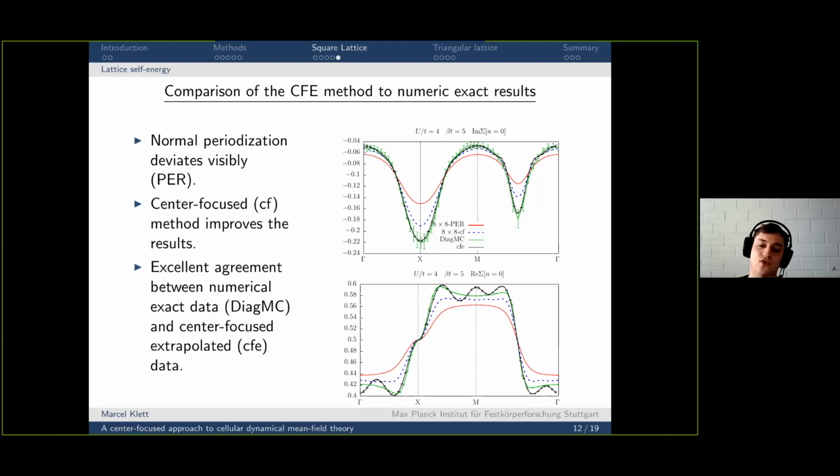And if we focus on the center only and also do an extrapolation in cluster size before this, we end up within the error bars, which is represented here with this black line labeled as CFE. With this result, we see that our new periodization method lies within the error bars of the numerically exact calculations. I think it's a nice way to end the discussion about the square lattice. And I want to take the last few minutes to discuss CDMFT in a triangular approach.